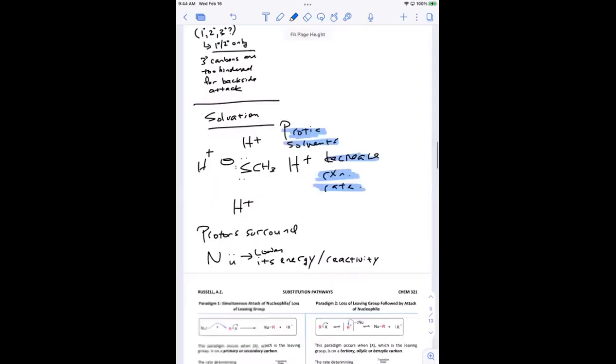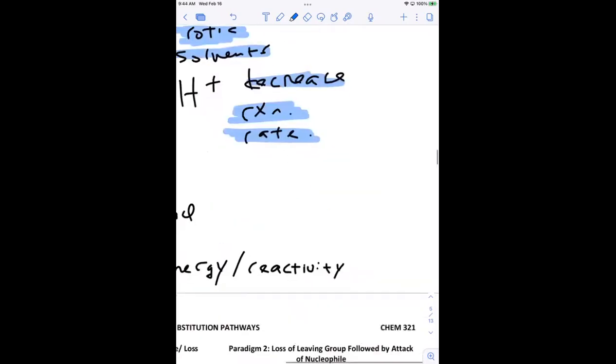And I can illustrate that even with an energy diagram. So this is time, this is energy.